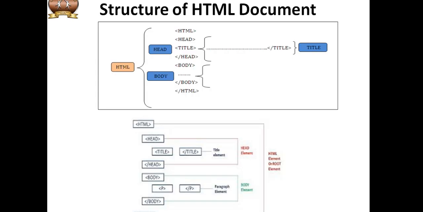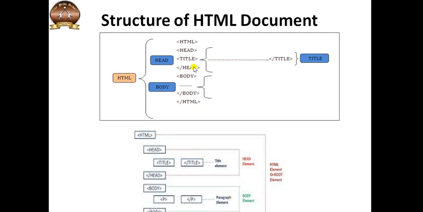let's see the structure of the HTML document. In the structure, as you can see, the opening tag HTML, the closing tag HTML. Then comes the head tag, which is also a container tag having opening tag, closing tag. The head tag includes the title tag. Title is also a container tag, title tag opening and title tag closing.